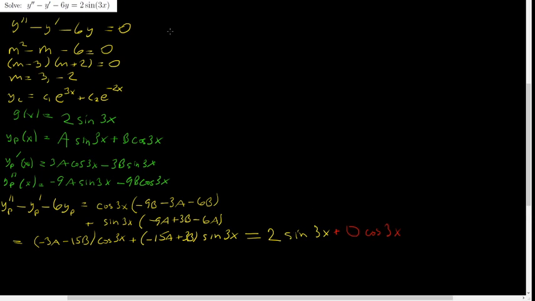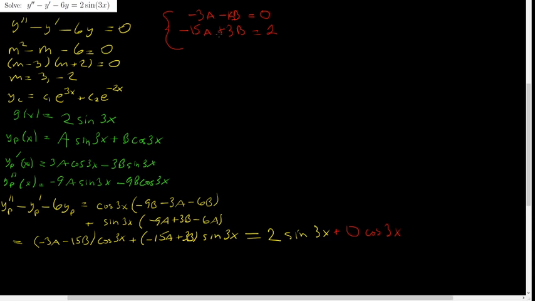So let's write the system of equations, cosine first: negative 3a minus 15b equals 0, since the coefficient of cosine of 3x on the right is 0. And for the sine term, negative 15a plus 3b equals 2. So you have a system of two equations in two variables.